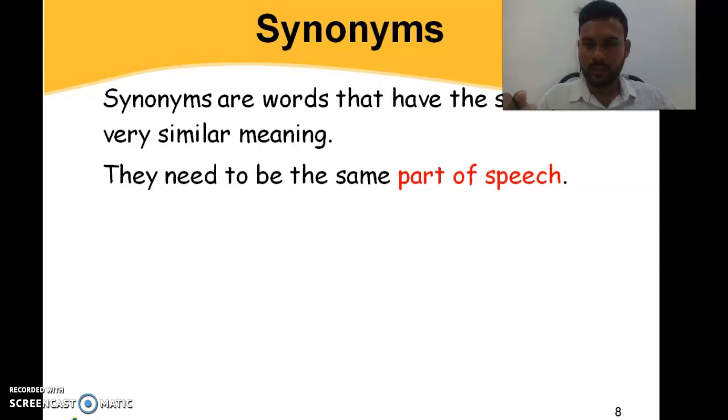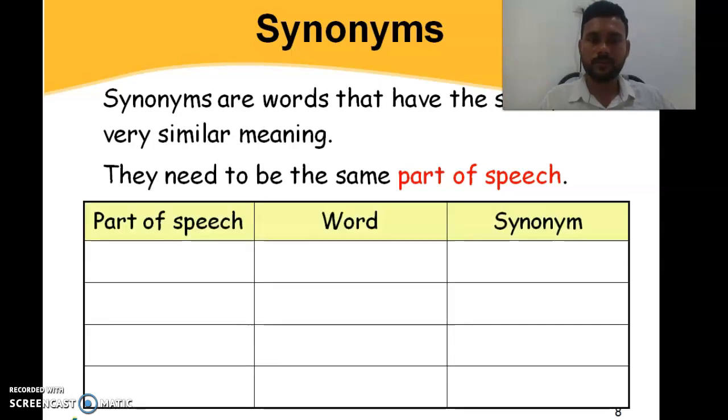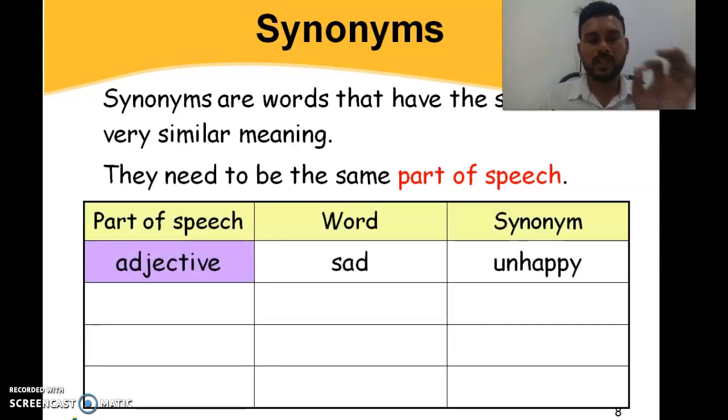If I give an adjective, the synonymous words should also be adjectives. Let's say the part of speech adjective, the word sad. A synonym for sad is unhappy, which is also an adjective.